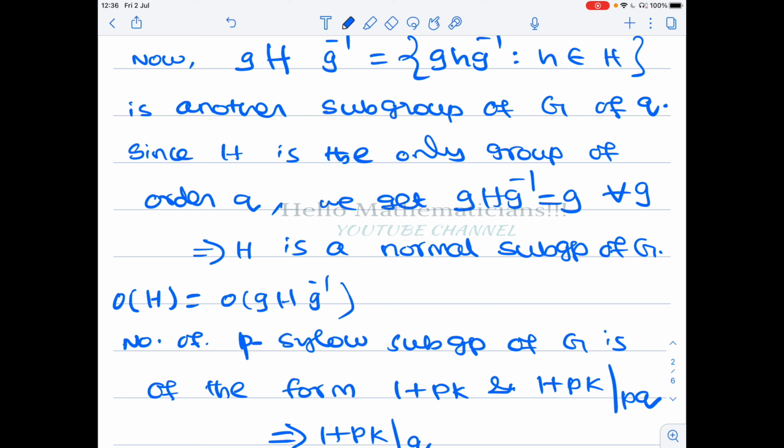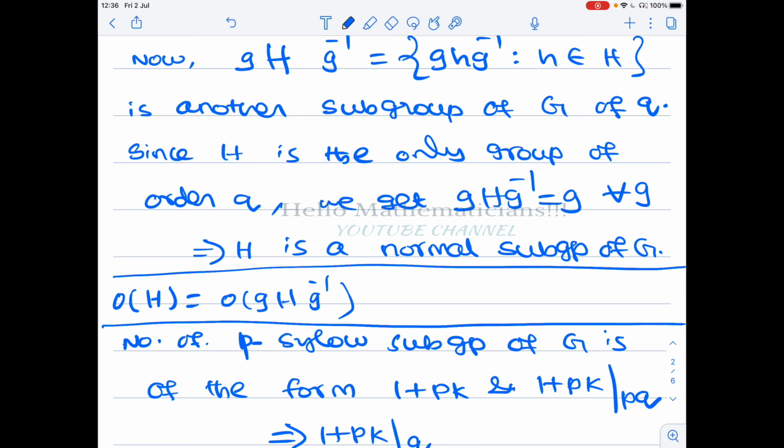This is a general result. How does one prove that the order of H equals the order of gHg inverse? You define a function f from H to gHg inverse, defined by h goes to ghg inverse.